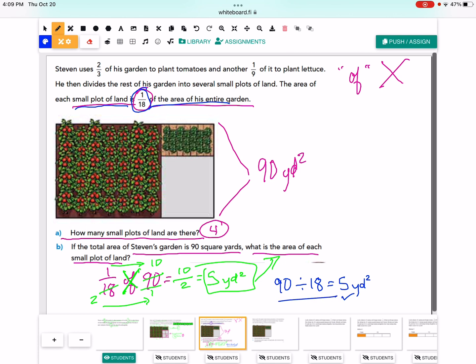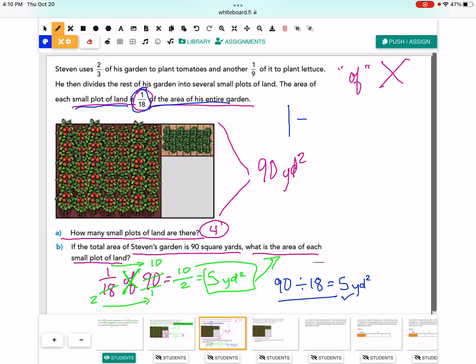Now, there's another way to do the first question. You remember that I did the first question all visually, right? Just looking at the picture. But there is another way to do this, right? And so it's like this. Stephen has one garden.